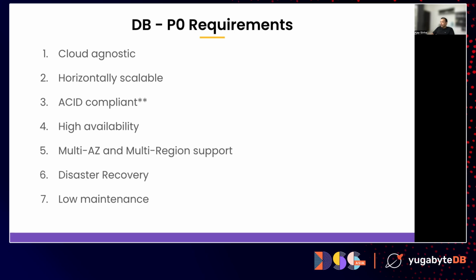We needed high availability because we know how critical and sensitive the financial world is. For the same purpose, we needed something which can be deployed in multi-AZ and multi-region. Then disaster recovery and low maintenance are our other P0 requirements.